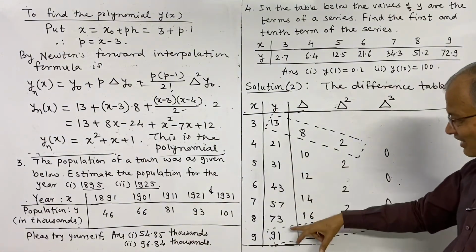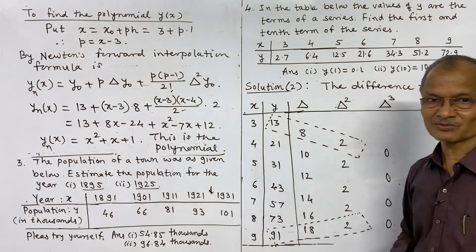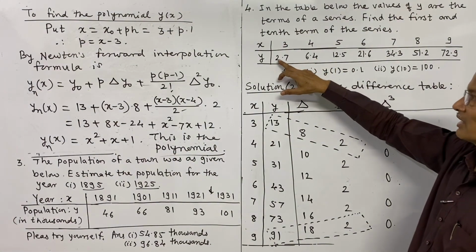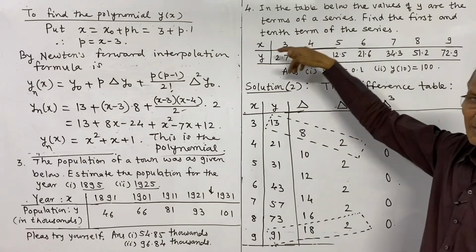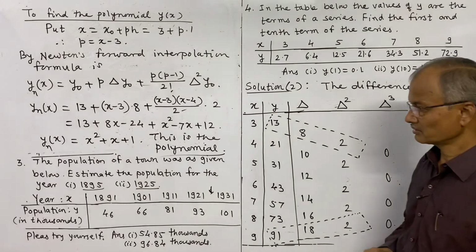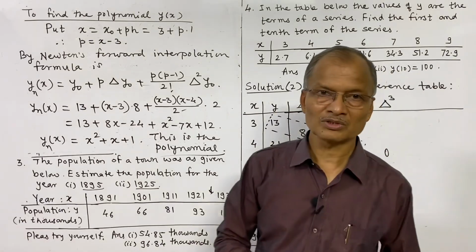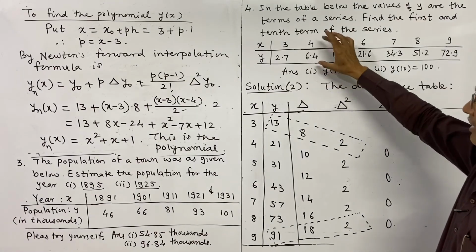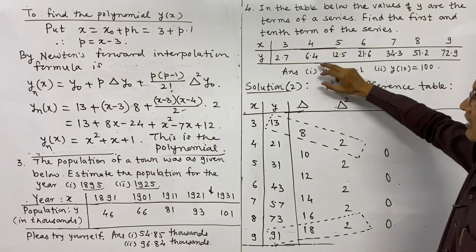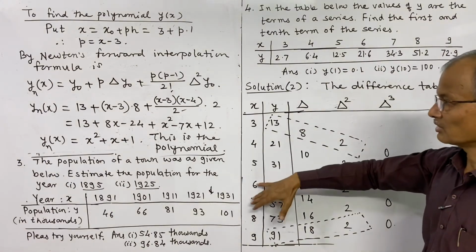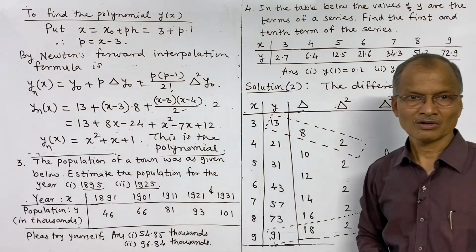Here the figures are integers, but sometimes the figures will be decimals or have more than one decimal place, like 2.713, and therefore it is convenient to use calculators. So use a calculator for obtaining the difference table and solve the problem exactly similar to the second problem that we have solved.